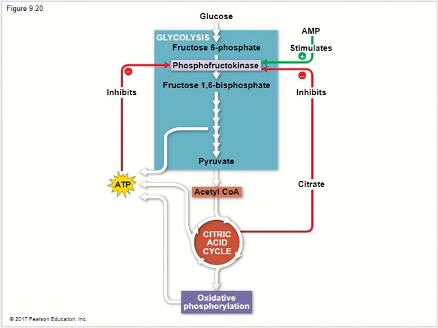One of the enzymes needed for glycolysis to occur is phosphofructokinase. Adenosine monophosphate stimulates the phosphofructokinase enzyme to act in the forward direction toward pyruvate production.